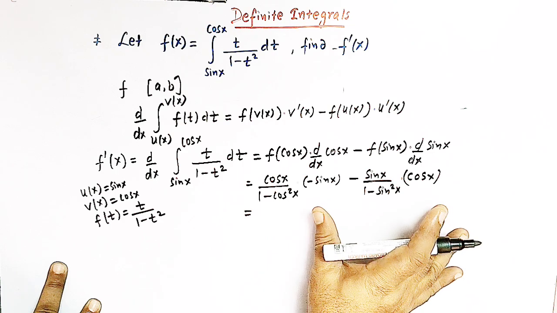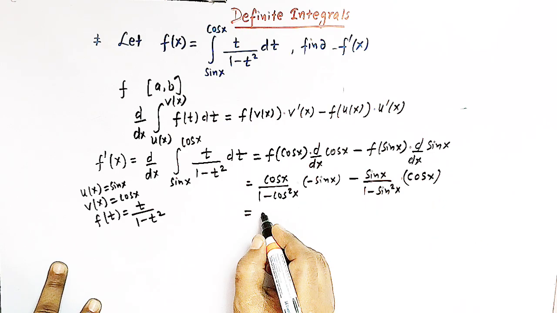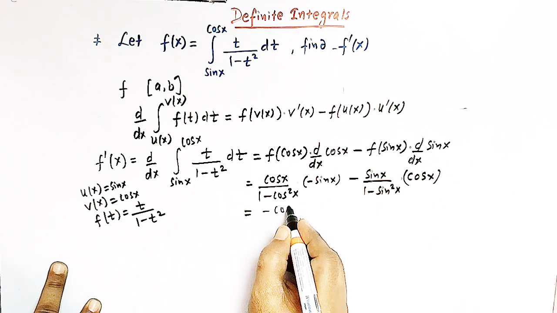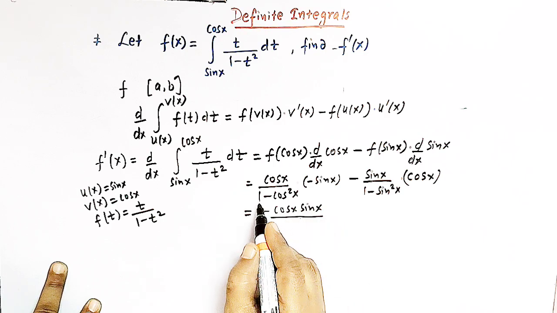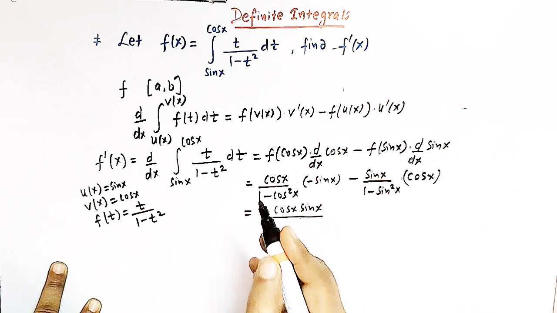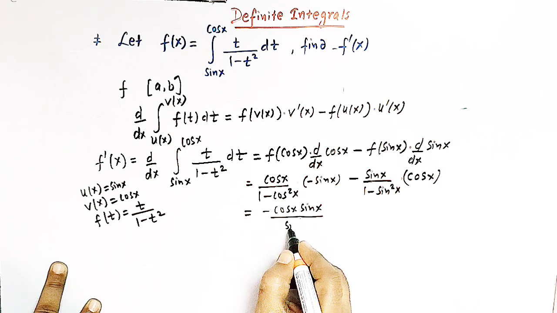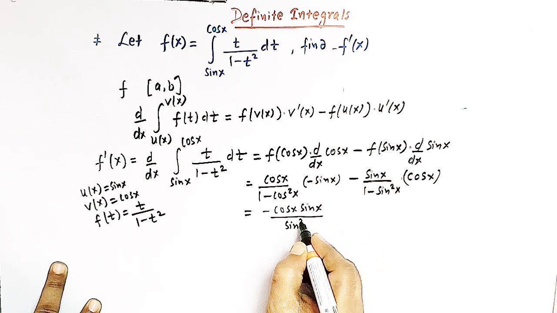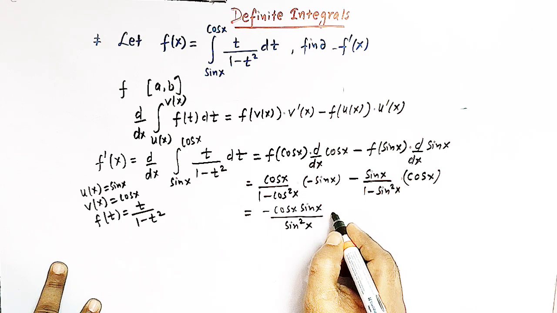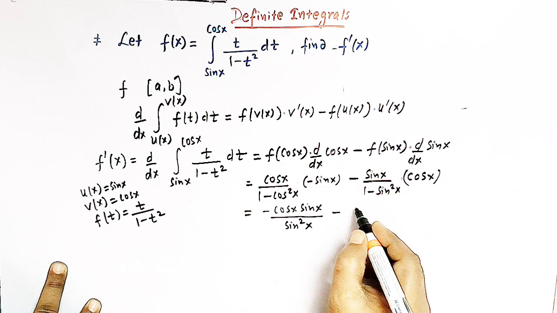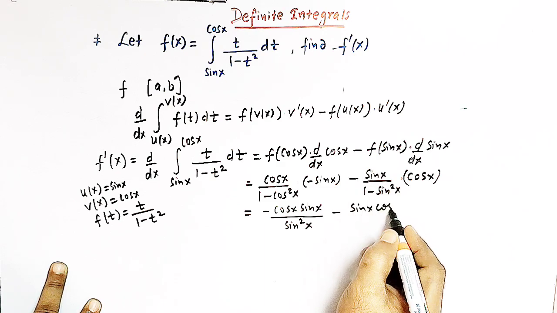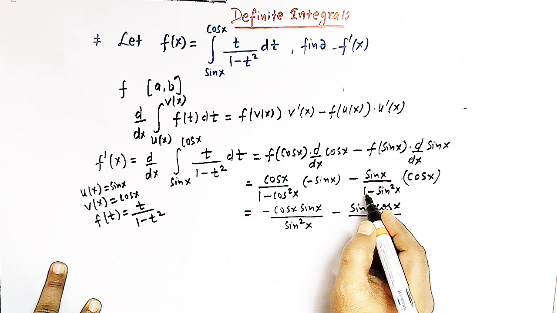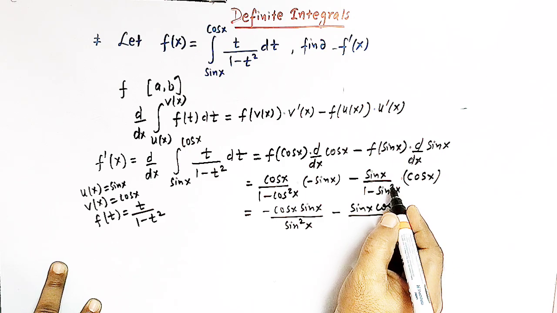So let us simplify this expression. We have minus cos x sin x, and from trigonometry we know that 1 minus cos square theta is equal to sin square theta, so we have sin square x. Here we have minus sin x cos x, and in the denominator we have 1 minus sin square x.